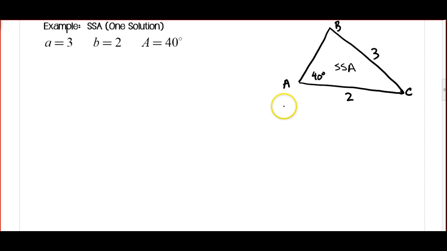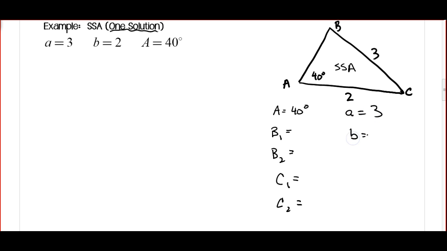Okay, so side-side-angle, again we're going to assume that there are going to be two solutions. So what that means is that everything that's not given, there's a possibility of having two answers, one for each of the triangles. So there's going to be an angle B in the first triangle, an angle B in the second triangle, possibly. Actually, we know it's only going to be one, but we're going to pretend. And then angle C in the first triangle and angle C in the second triangle. Then we're given side A is 3, side B is 2.